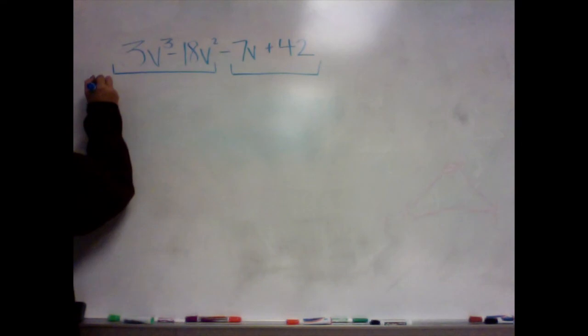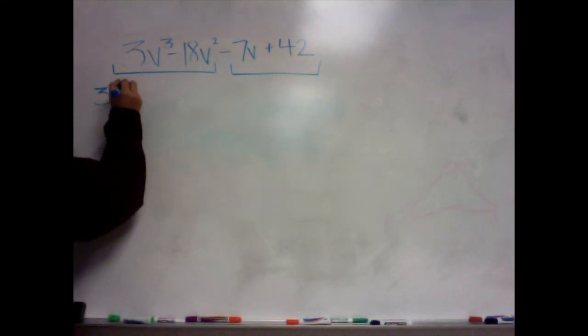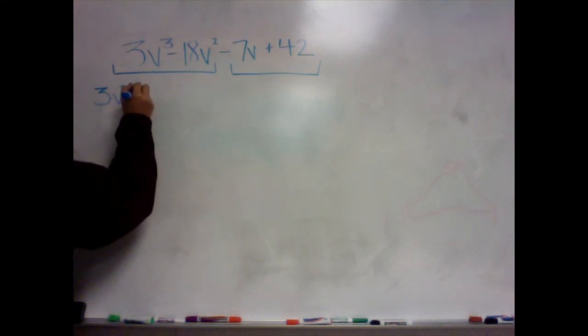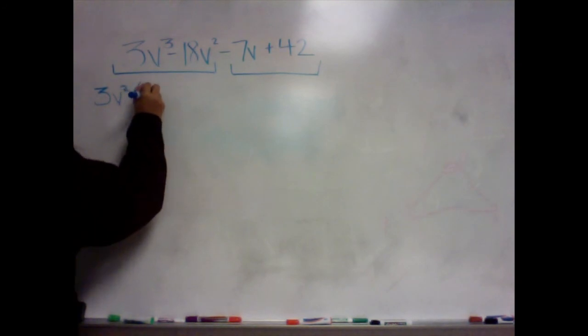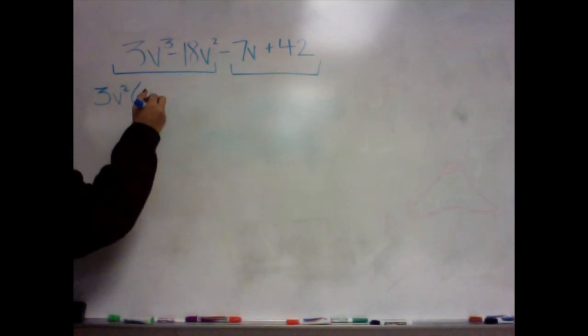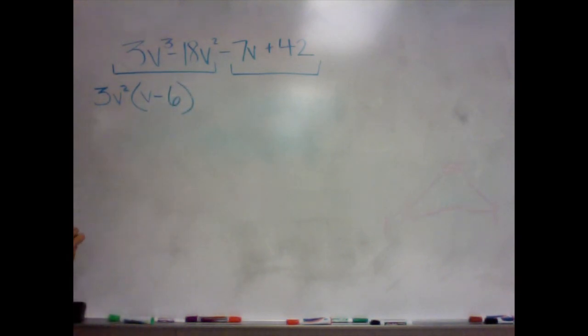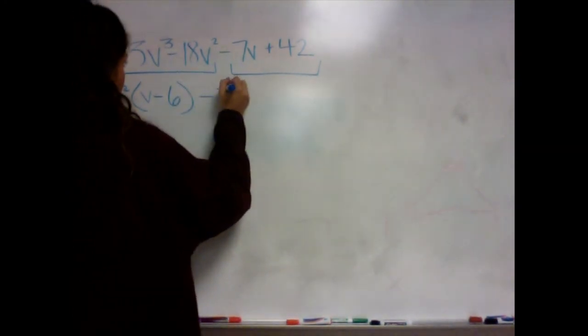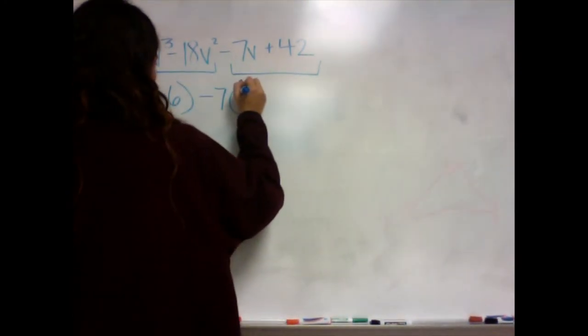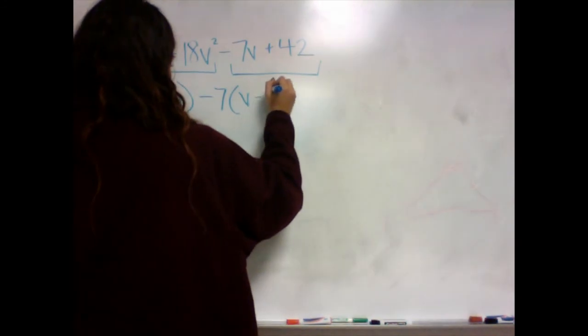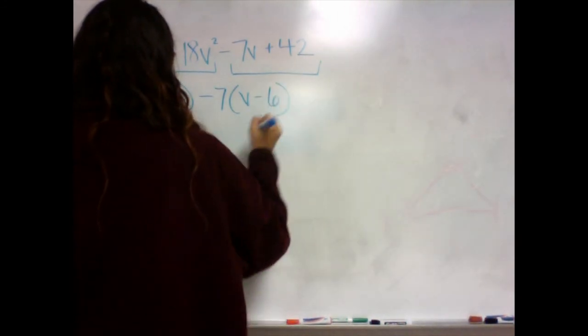Let's solve this by factoring by grouping. So first, you set it into the pairs, and then you are going to factor out the like terms. So you take out the 3v squared, and you are left with v minus 6. Now you take out the negative 7 on this pair, and you are left with v minus 6.